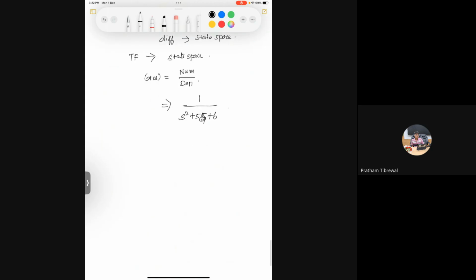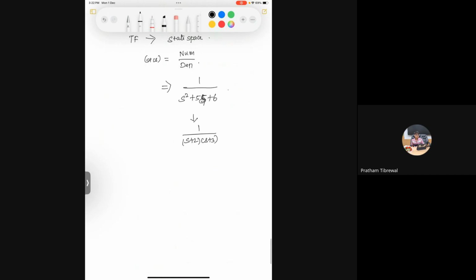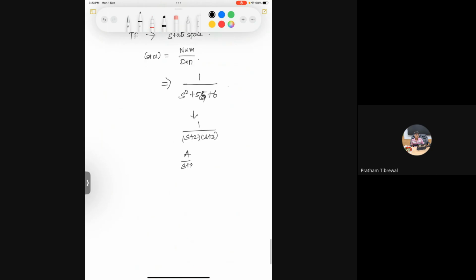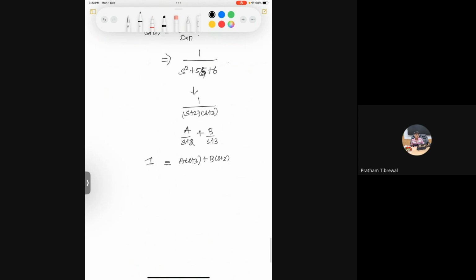If this is a transfer function, what you usually do to convert this to time domain is partial fractions. So this will be s plus 2 into s plus 3. Then again we will split this to A by s plus 2, B by s plus 3, then A into s plus 3 plus B into s plus 2 equal to 1. Putting s equal to minus 3, I will get minus B equal to minus 1.